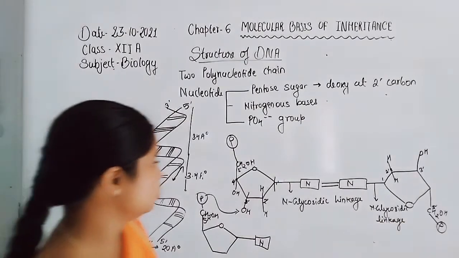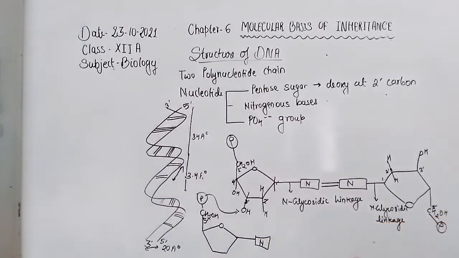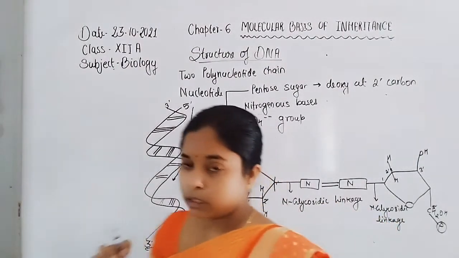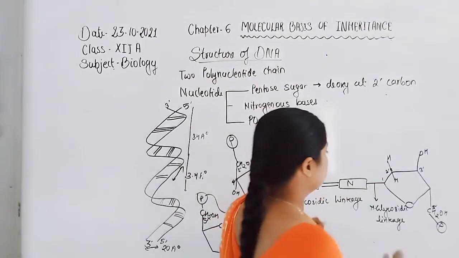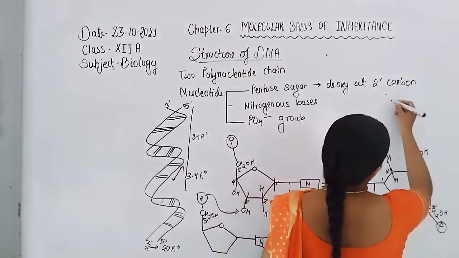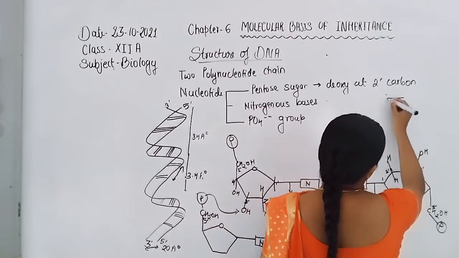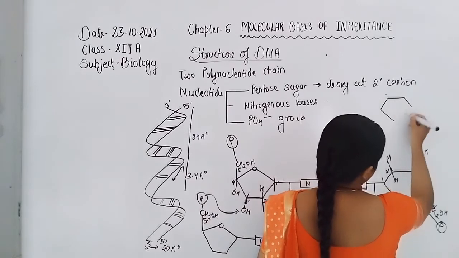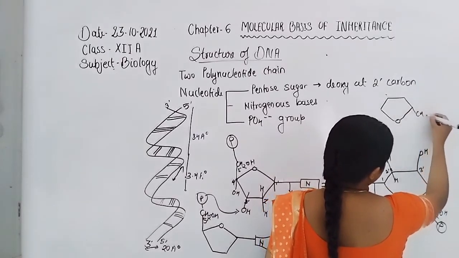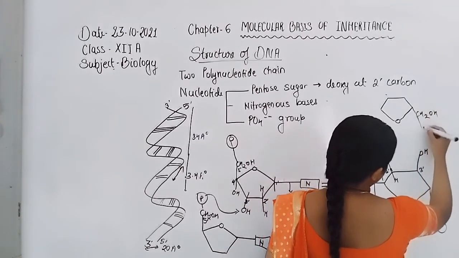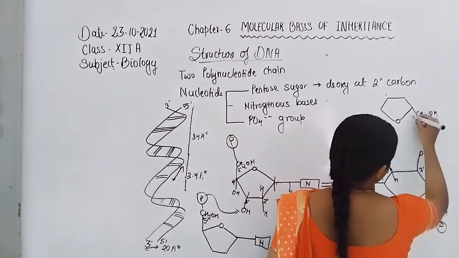So if you want to make a bond here, because there is no space, I want to make a nucleotide here so that we can understand easily how the phosphate works. Now here is CH2OH and the phosphate group is present on 5 prime.